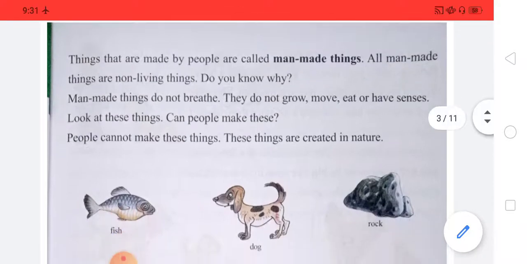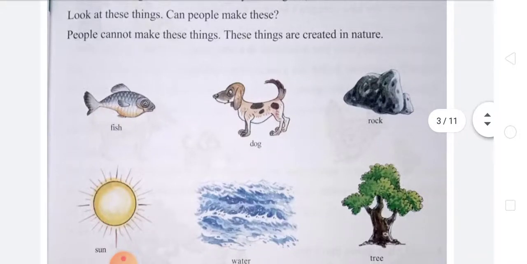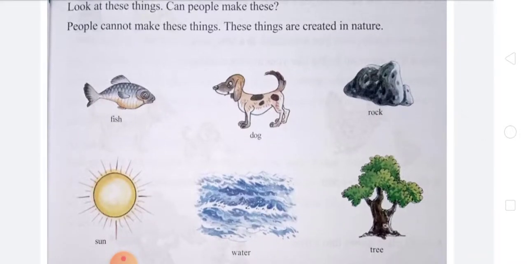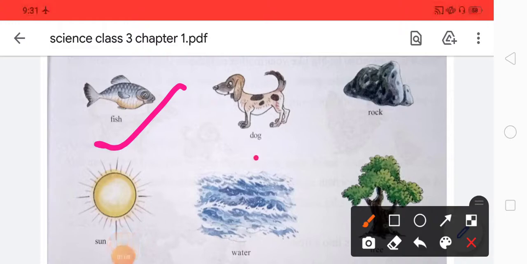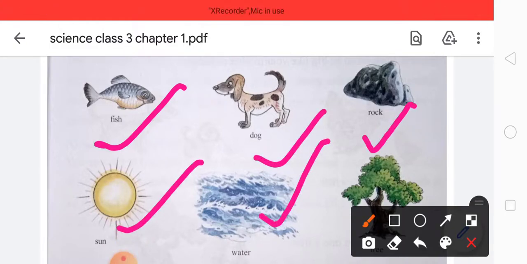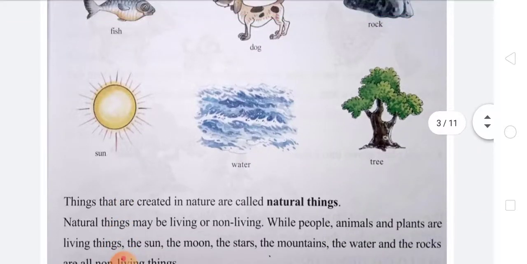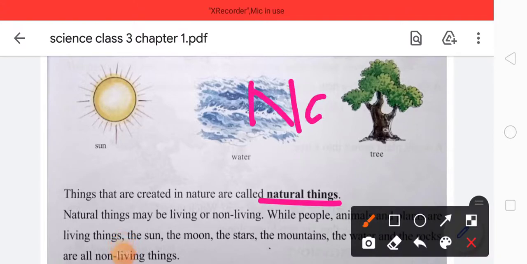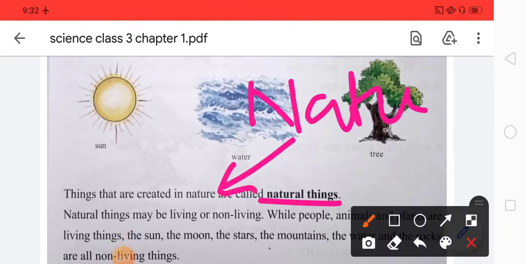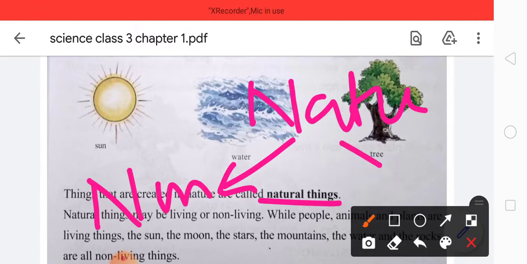Then the things that are not made by human beings and are created by nature, like fish, dog, rock, sun, water, and tree, are all natural things. Natural things are of two types: some are non-living and some are living.